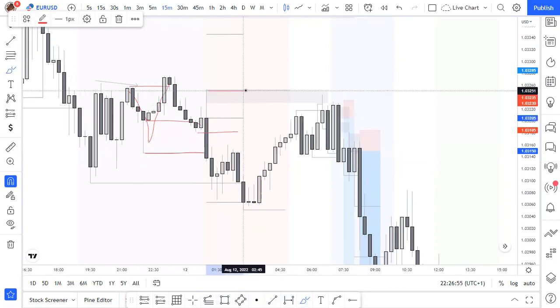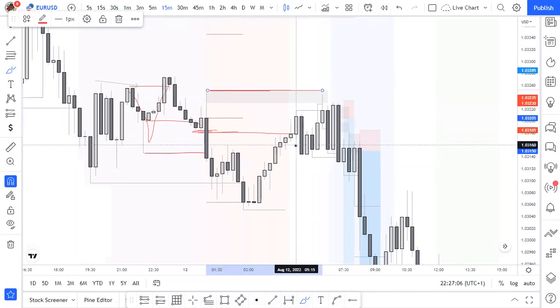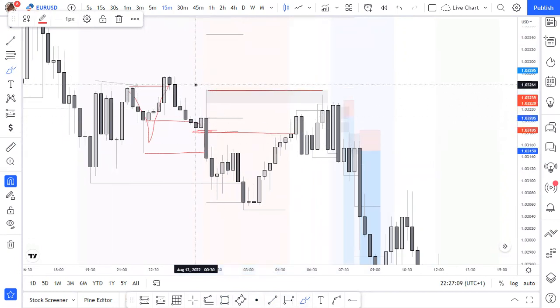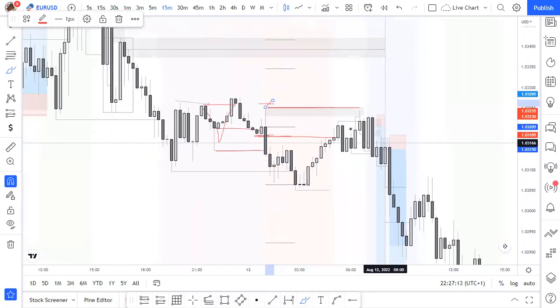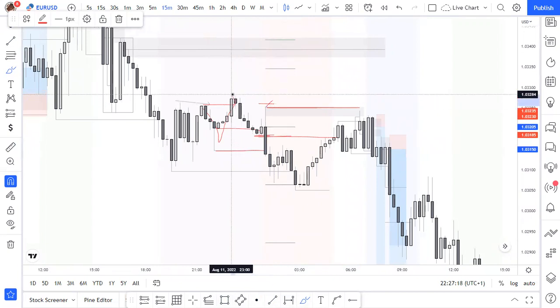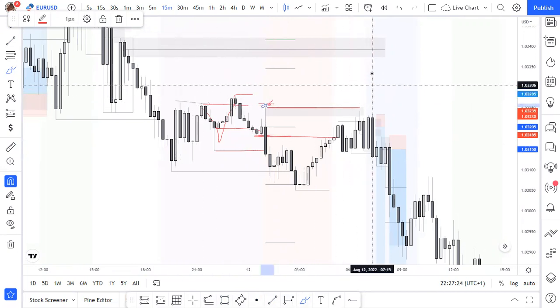So this engulfed candle, but price came into the extreme wick. I was like, okay, if this particular zone holds, that means price won't be coming above this Asian high here. That was one reason why I had this zone here: I was thinking price would come above the Asian range or maybe even to this particular zone which is above the Asian high.